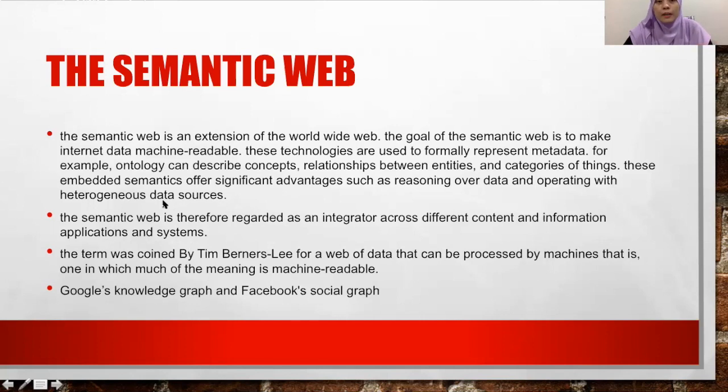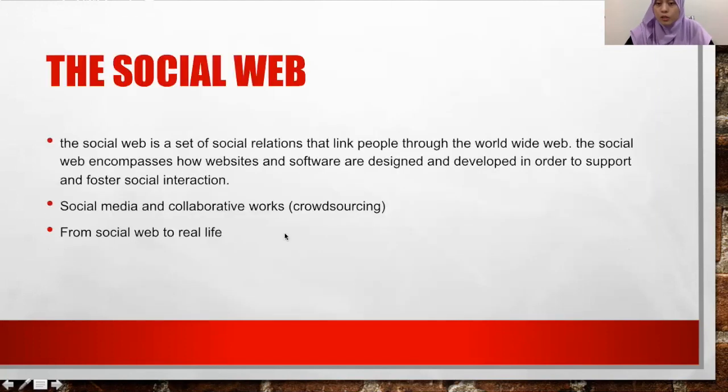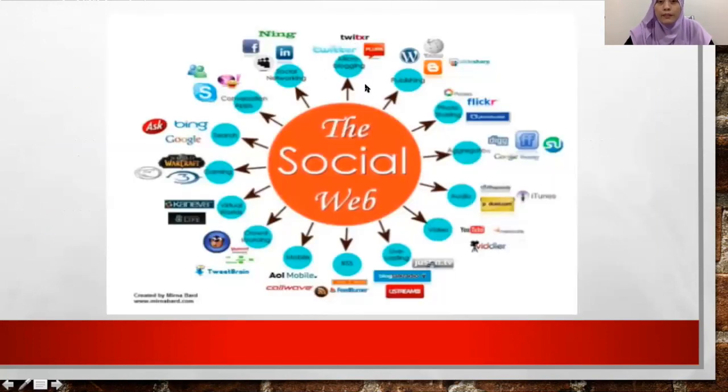Now remember I showed you the image just now? This is the social web, where everything is connected, because we give all this information. Now when we enter the semantic web, we want to make sure that all this information can be processed by all of these applications on their own. For example, we have already put all of our data to Facebook, to Twitter, we've already registered via Google.